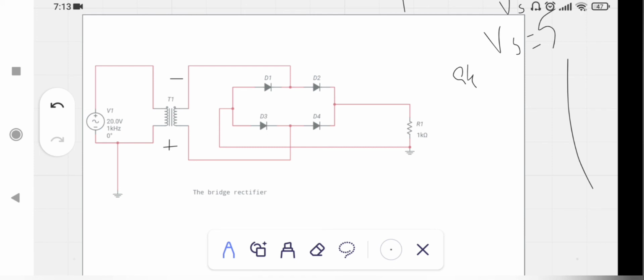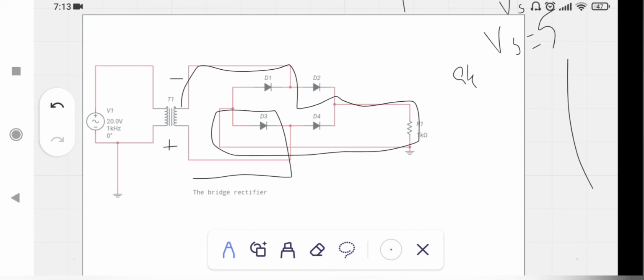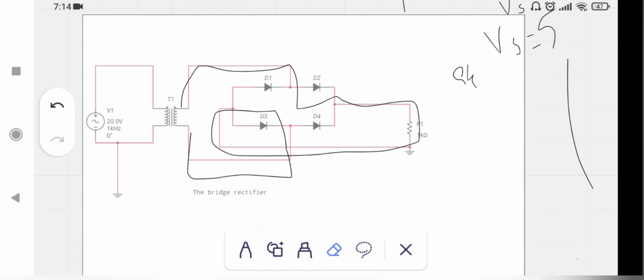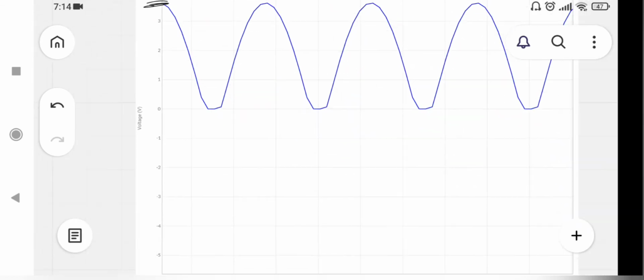Another thing to remember is the current will always flow in the same direction through the load, that is from top to bottom. That's why both peaks appear in the same direction. Similarly, during a negative half cycle, the current will still flow from top to down.